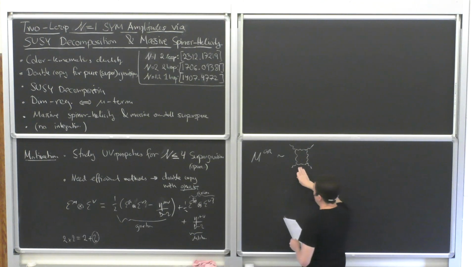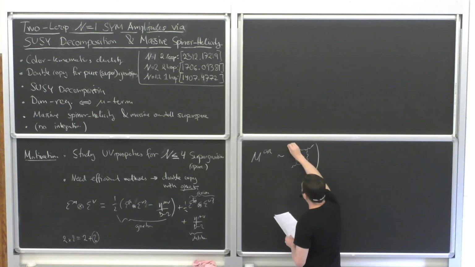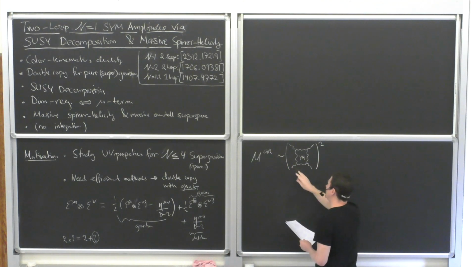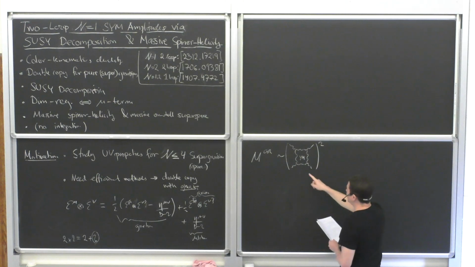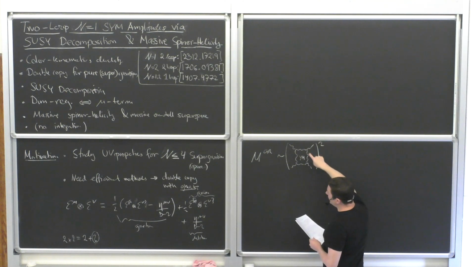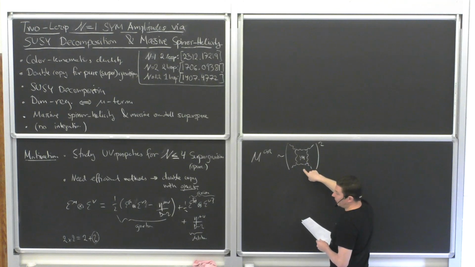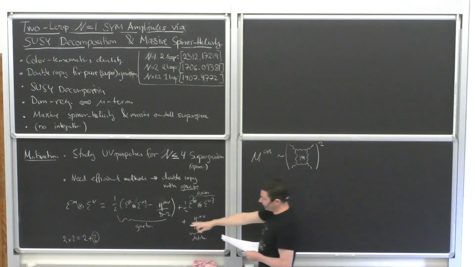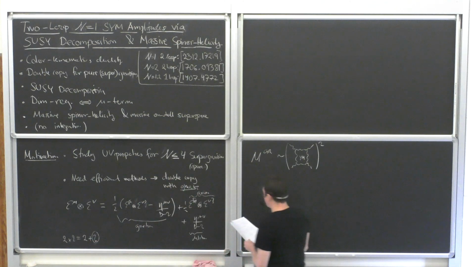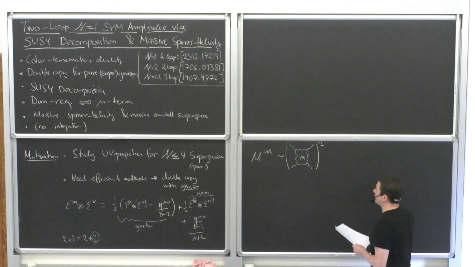And if I try to construct my box diagram from double copy, I would first compute this thing in Yang-Mills, and then I would square it. There's other diagrams, but let's just focus on this diagram. But this obviously does not give the right states, because in the loop here, I will have all the states. I will have the 2 graviton states and the dilaton axion states propagating. So somehow I need to get rid of them.